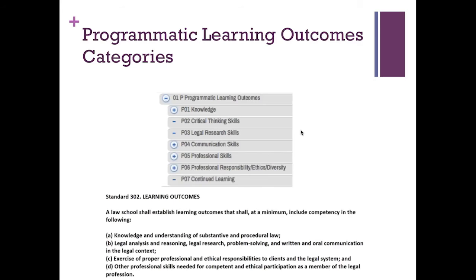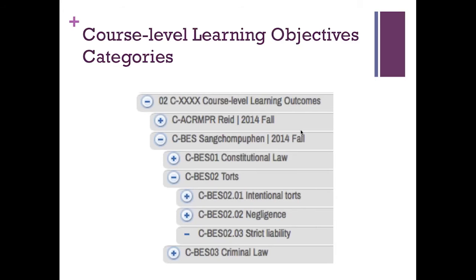When it comes to course level learning outcomes, again, these are crafted by the individual professors, and this is a very small snippet of the categories for one of my classes that I taught last fall called Bar Exam Skills, BES.